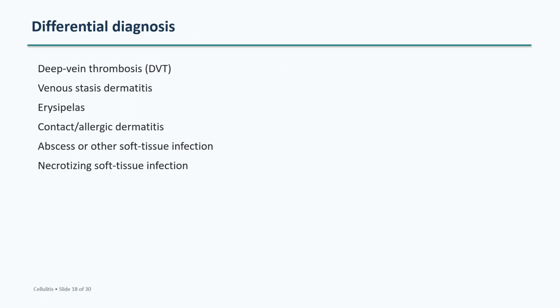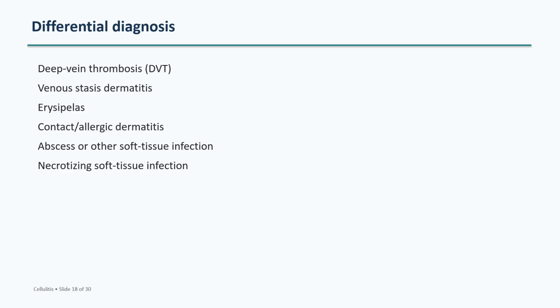So here, what are the differential diagnoses? Other skin infections we have to differentiate from cellulitis, which can also cause tenderness, swelling, and warmth at the site. So we have to differentiate those things from cellulitis. What are the other differential diagnoses? Deep vein thrombosis, DVT, may also be there, which is different from cellulitis.